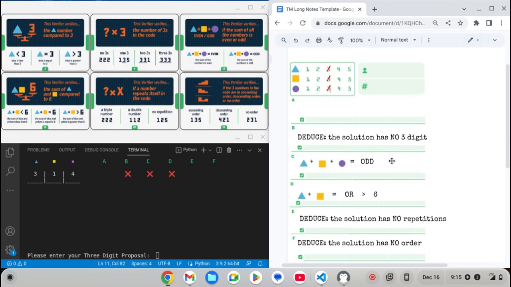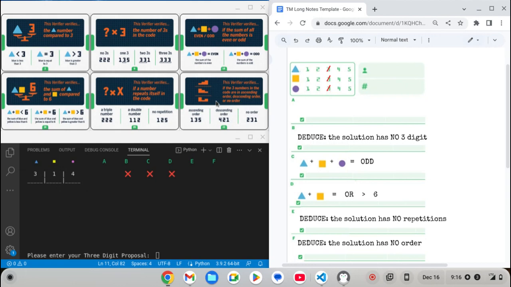So that means that if we do have a sum of 6, it's going to be 2 and 4 in triangle and square. And then what would happen to circle? Well, circle would have to be either 1 or 5, and more than likely criteria card F would play a part in deciding which one it might be.